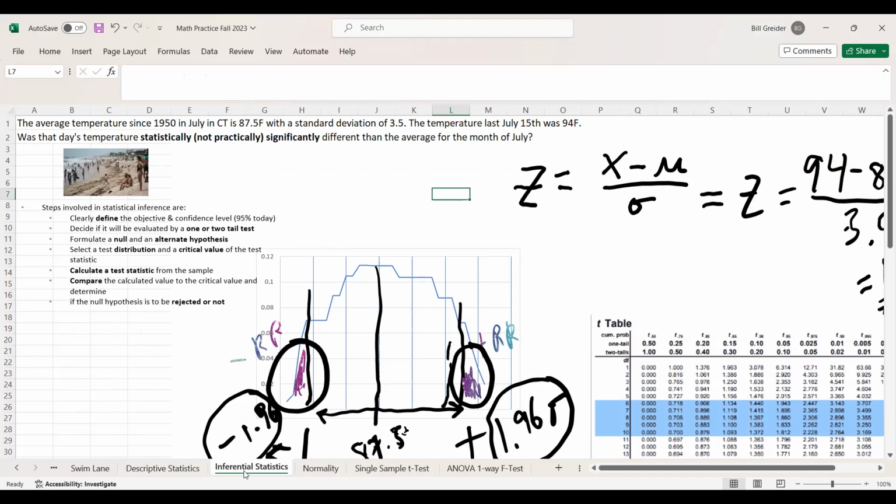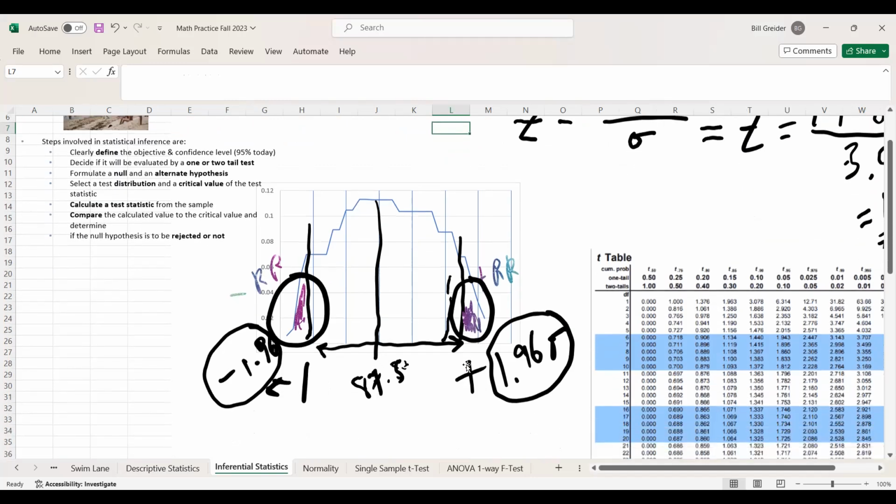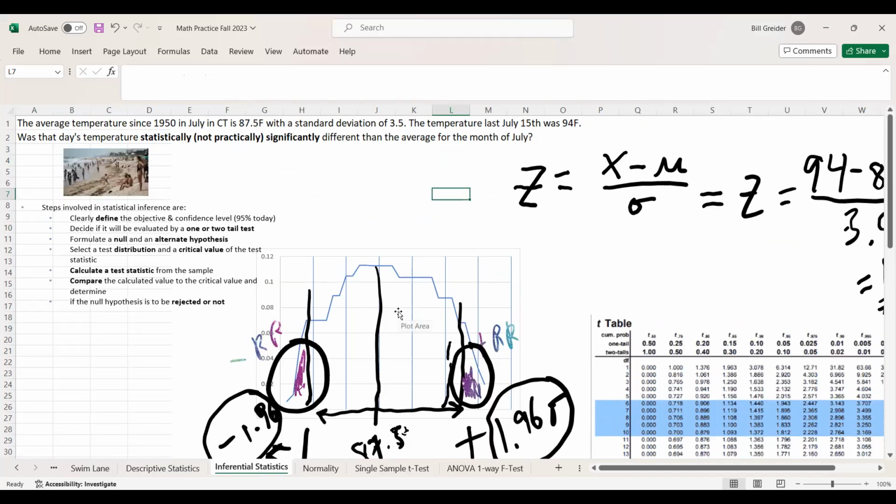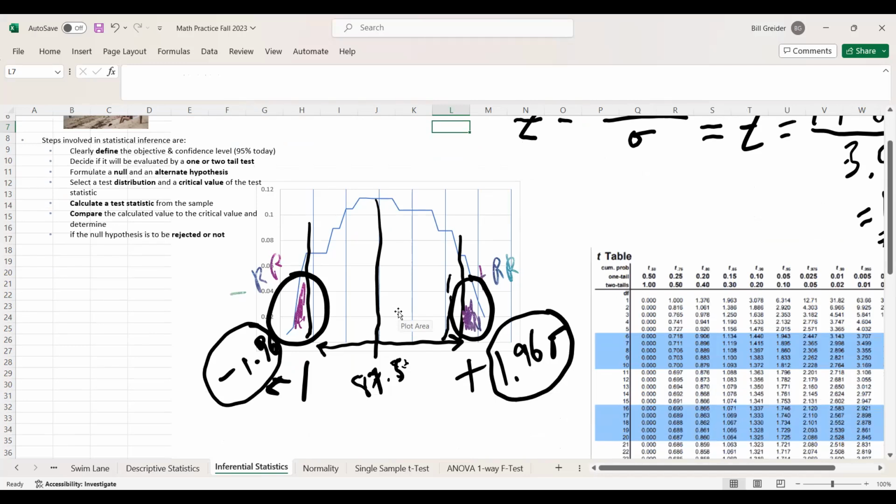And then we calculate our test statistic from a formula. So in this case, this is what we did here. Then we compare that number, which becomes our test statistic, and we have to set up the goalposts, and we get those from a table. In this case, because it was a 2-tailed test, all we wanted to know was whether the temperature was different, not hotter or colder.